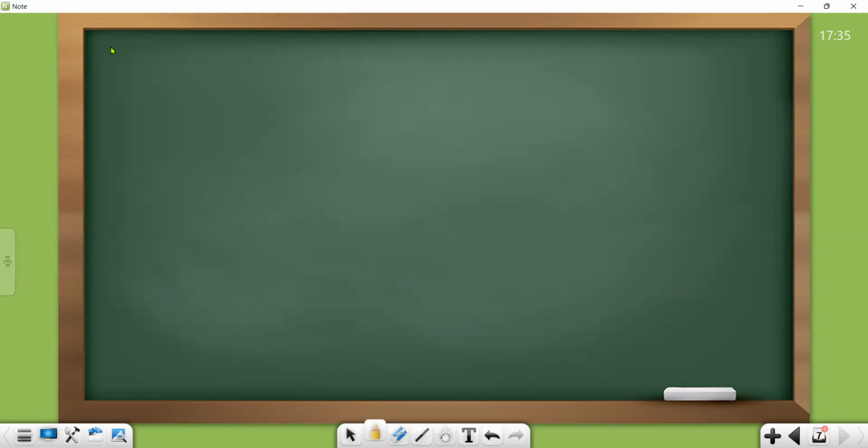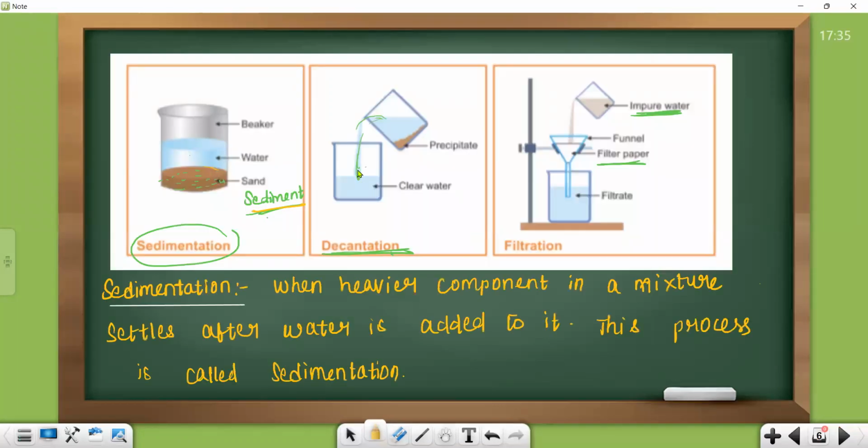Next, coming to decantation. From the sedimentation, the water is there, if it is separated. In the water, dust may be present or may not be present, students.